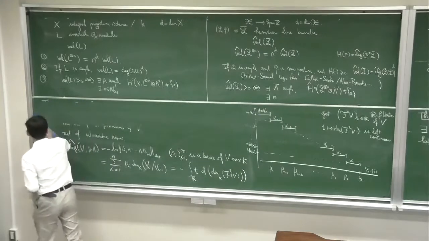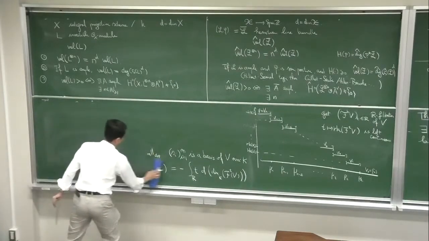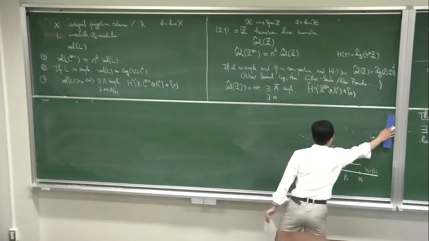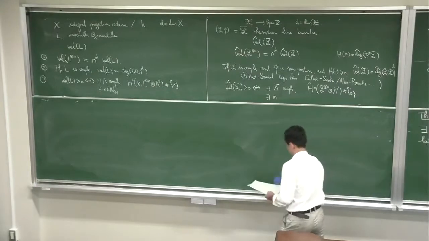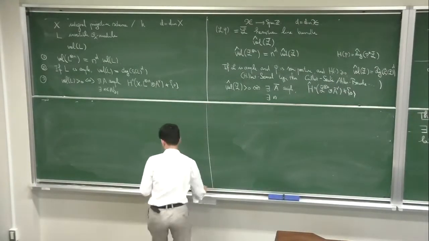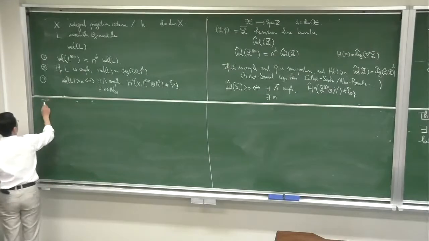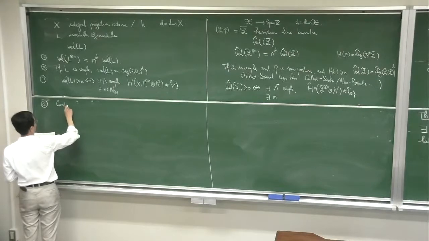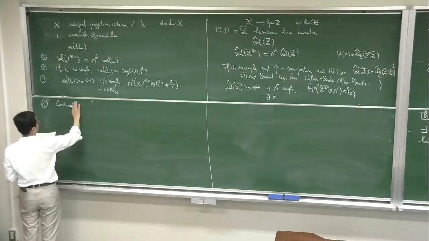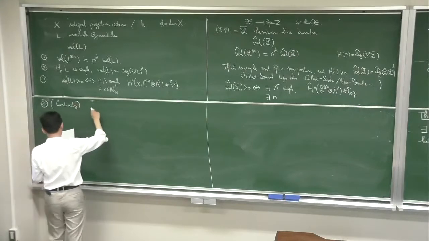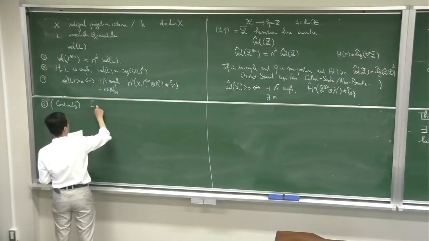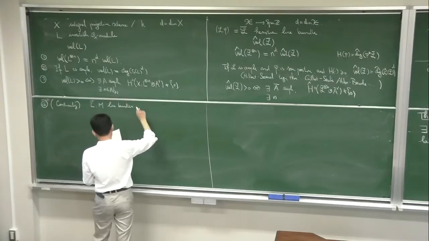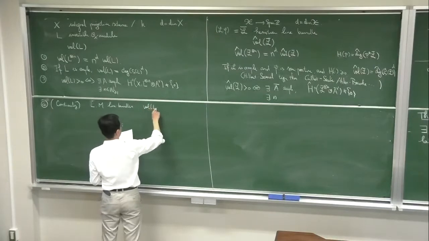Also, this is not so difficult to prove, but this one is difficult. So you have a continuity. For example, you have L and M, two line bundles, such that the volume of L is positive.